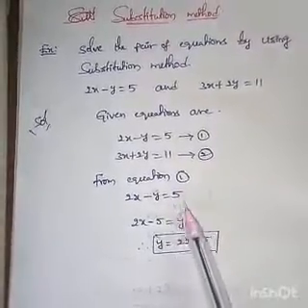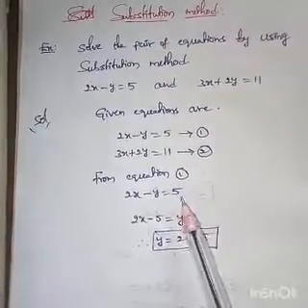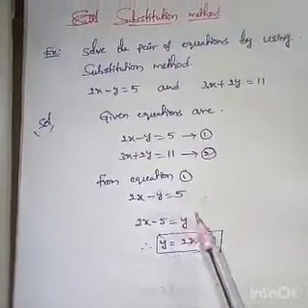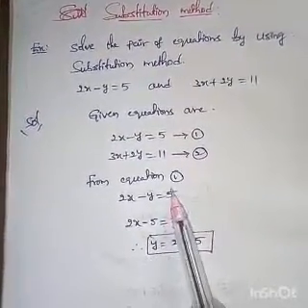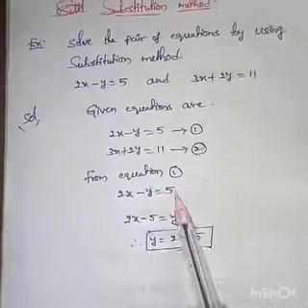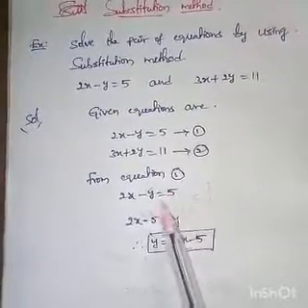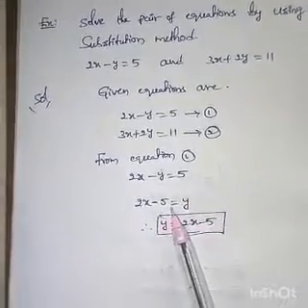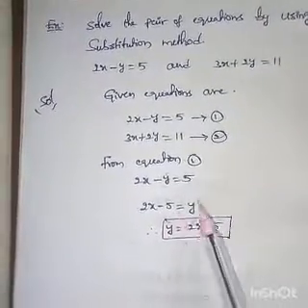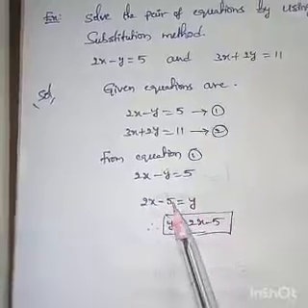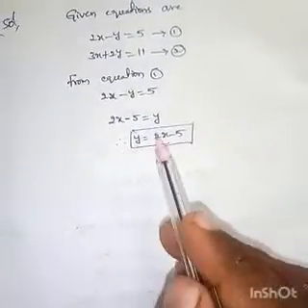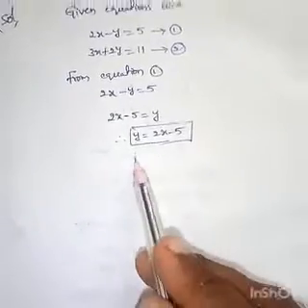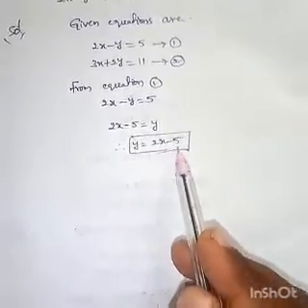Also I change the plus 5 value also. Here the symbol of 5 is plus and I transpose this value, that's why it becomes minus 5. So finally y equal to 2x minus 5, that means I calculated the y value in terms of x.